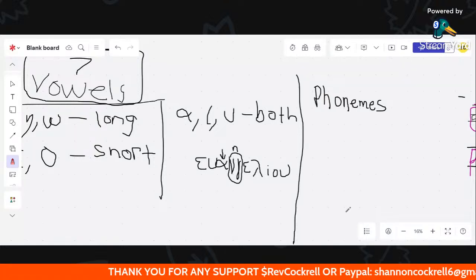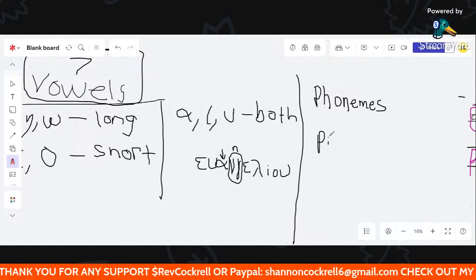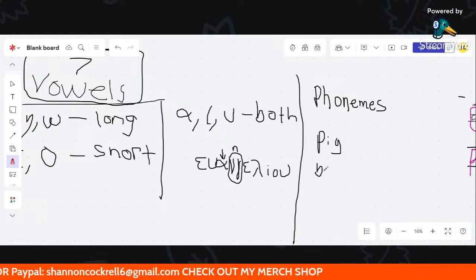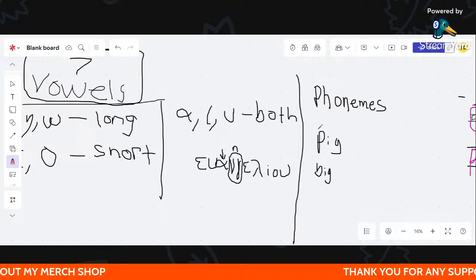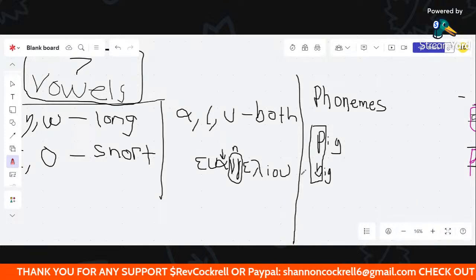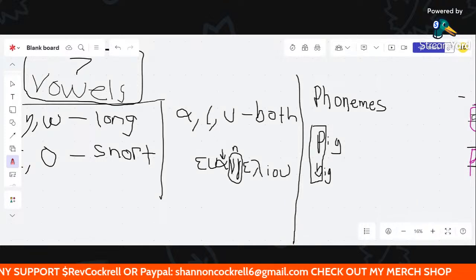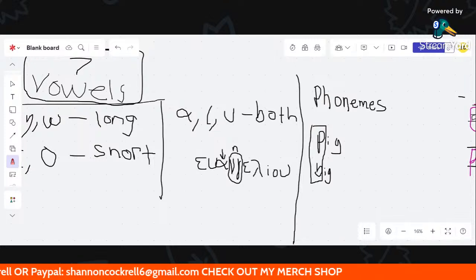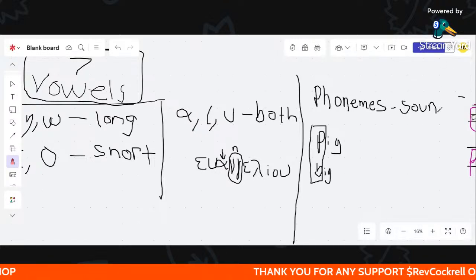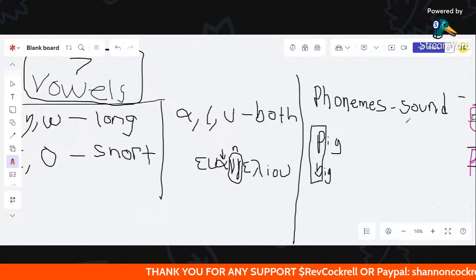So in English, you got pig and you got big. They're both distinguished from each other by this phoneme, p, b. So phonemes are sound.